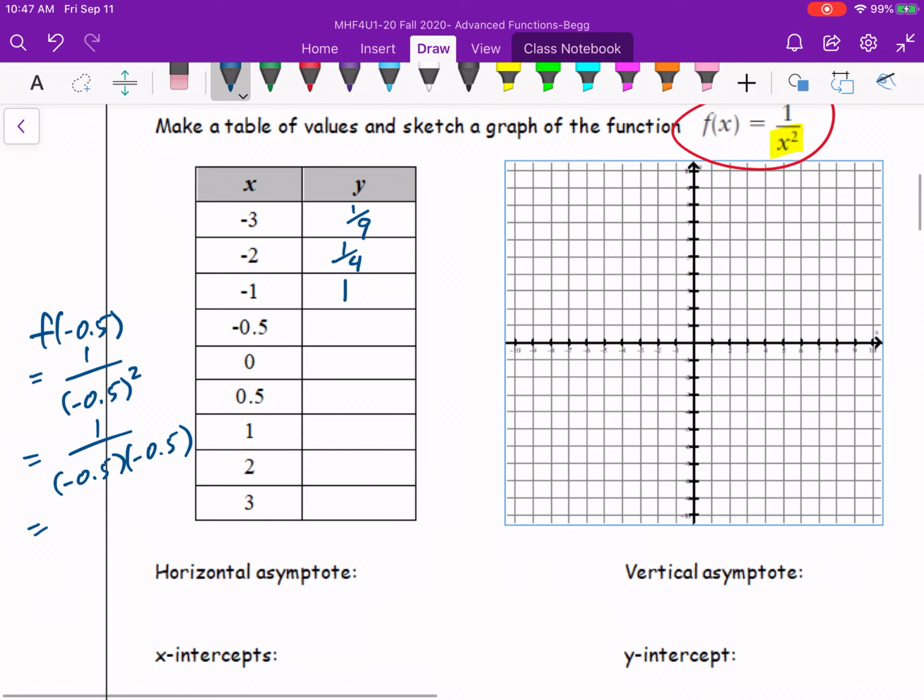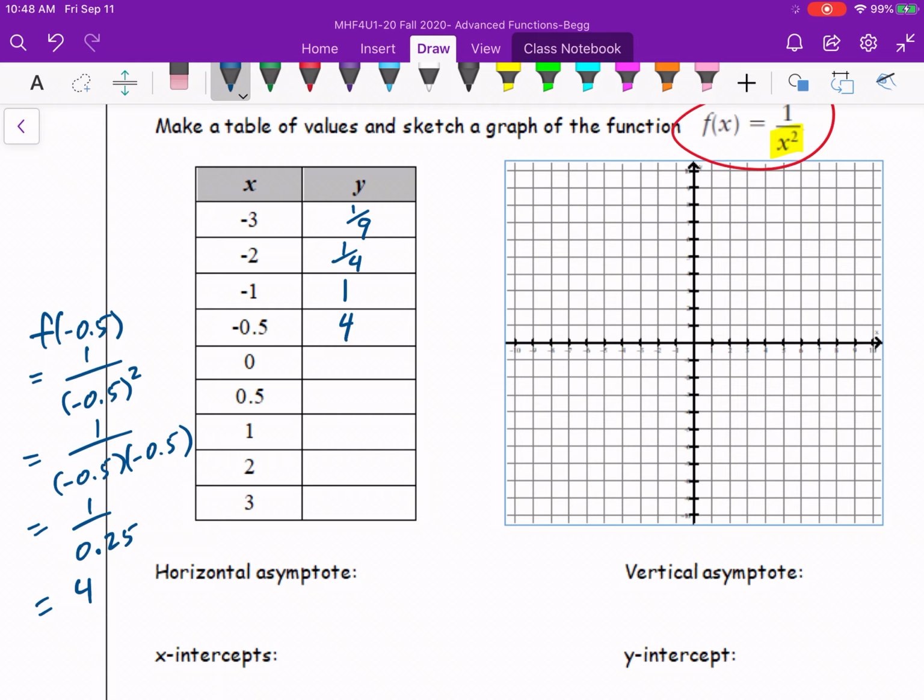And -0.5 times -0.5 is positive 0.25. And if I have 1 divided by 0.25, or 1/4, I end up with 4. My calculator would do all that work for me, but I just wanted to explain why, if we put -0.5 in, we're going to get 4 as our output.